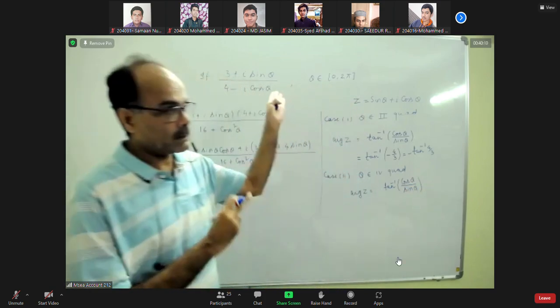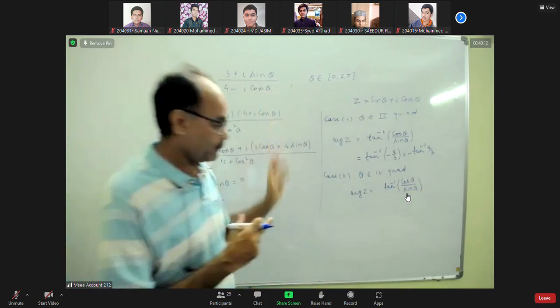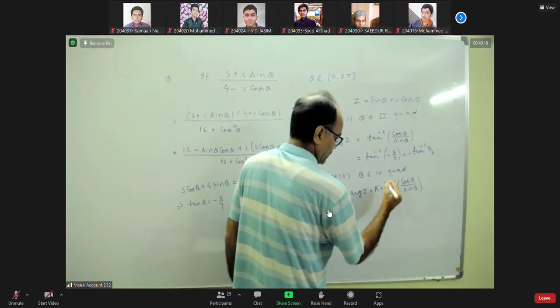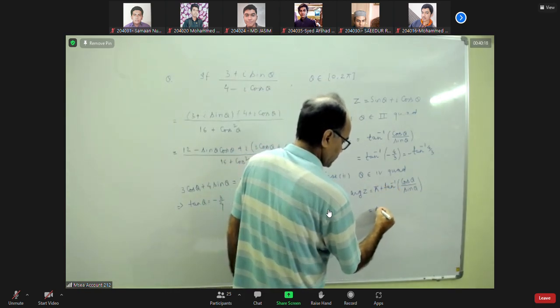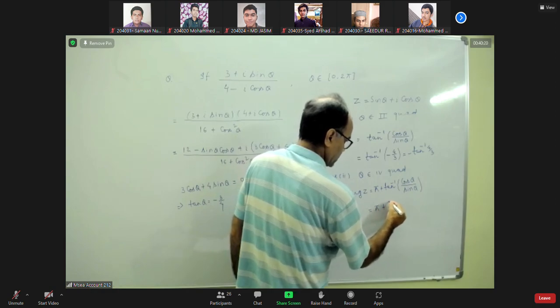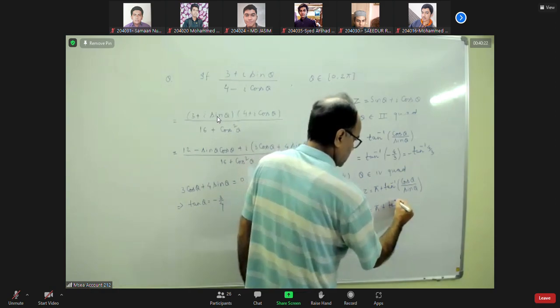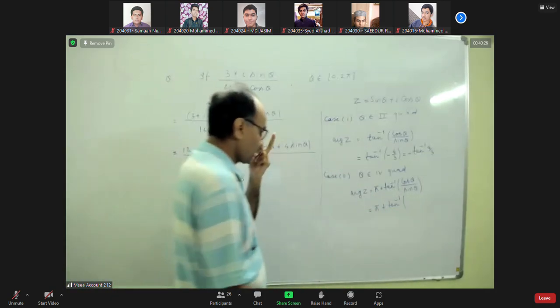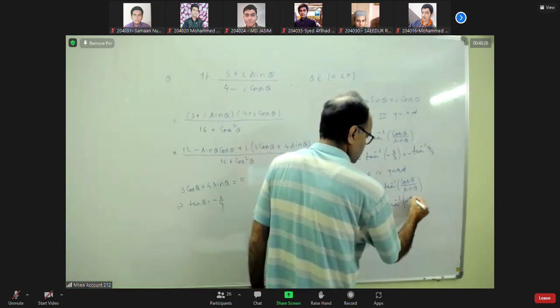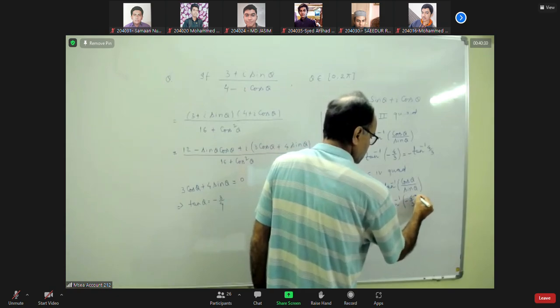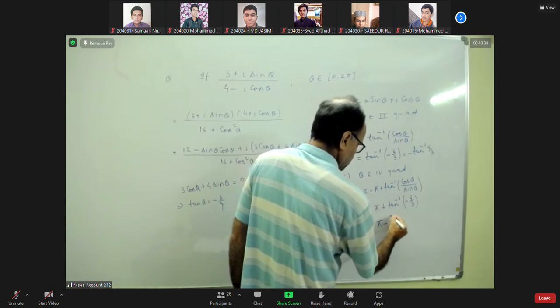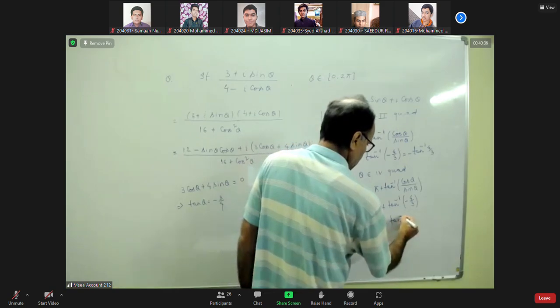Now in the second quadrant it will give us a negative angle, so we have to add pi. Pi plus tan inverse cot theta. Cot theta is minus 4 by 3. Pi minus tan inverse 4 by 3.